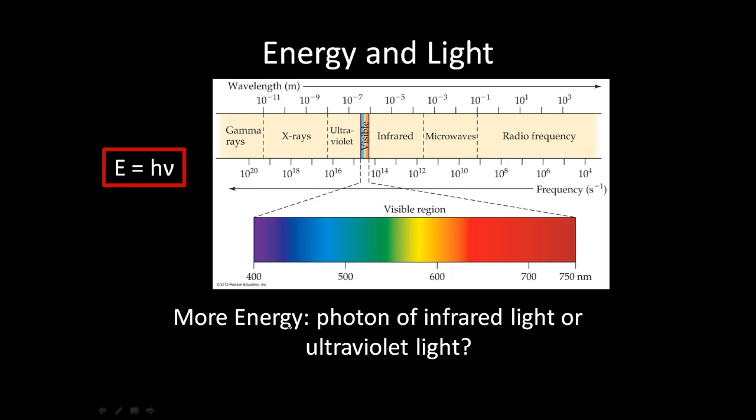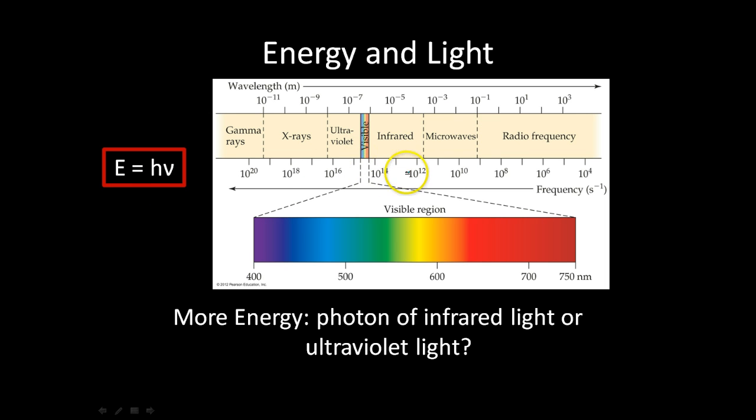So one interesting question would be, which of these two has more energy, a photon of infrared light or ultraviolet light? The way to answer that is you would look and see that frequency is directly proportional to the energy. If you look up here, infrared is over here.